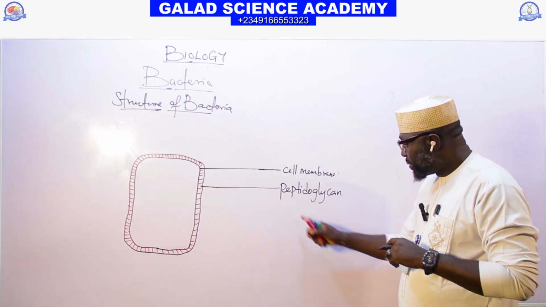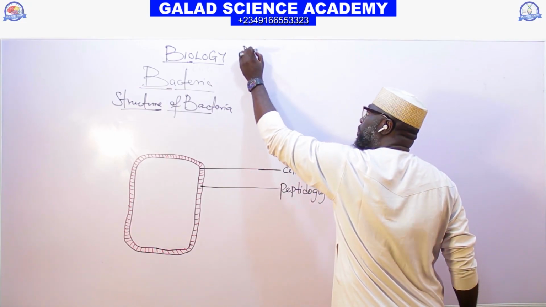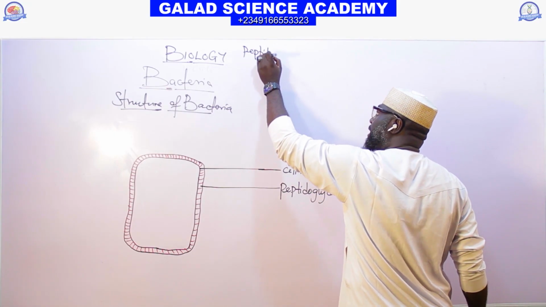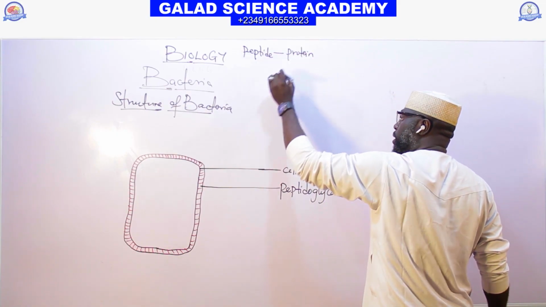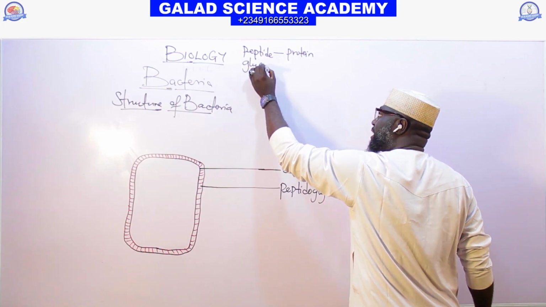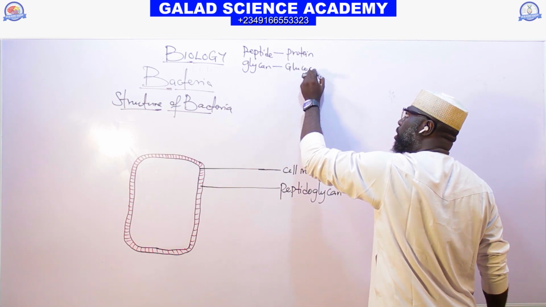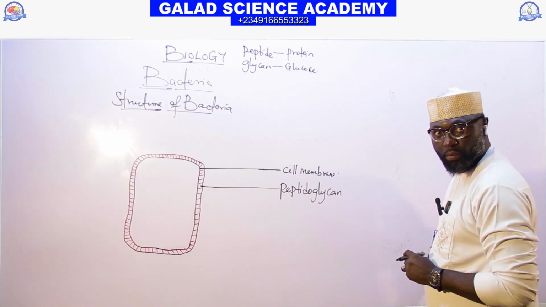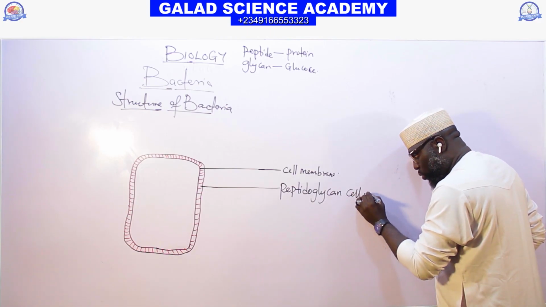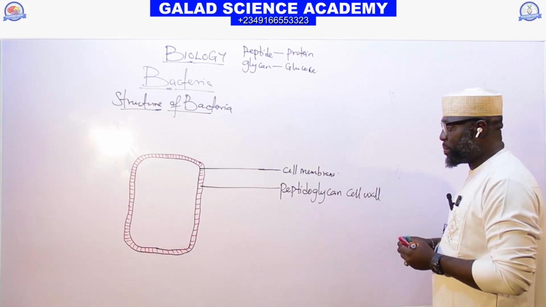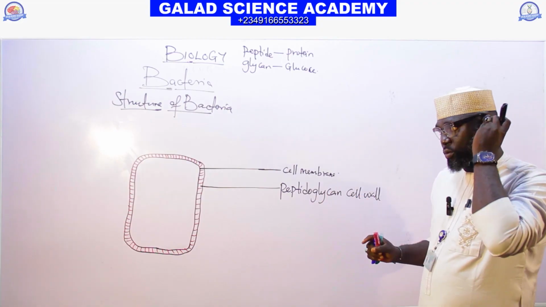Let me help you break this down. Peptide in Greek means protein, but look at the word glycan. Glycan means glucose. So the peptidoglycan cell wall simply means protein glucose cell wall.